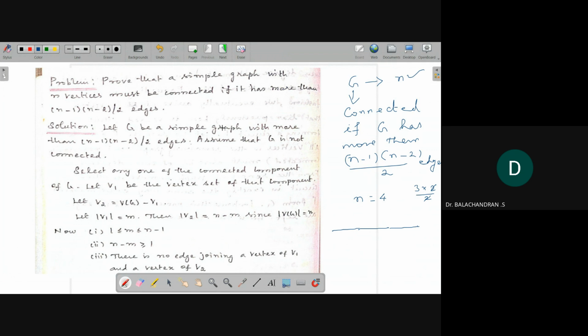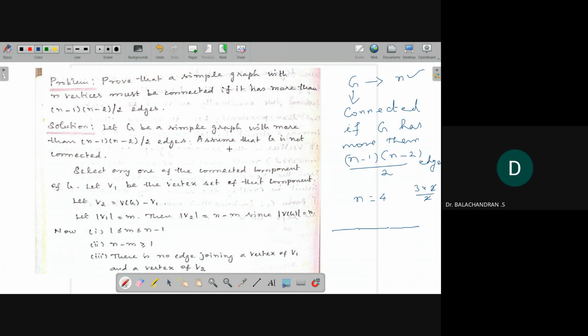Now we are going to solve this problem. Let G be a simple graph with more than (n minus 1)(n minus 2)/2 edges. We need to prove G is connected, but by contradiction, we assume G is not connected.